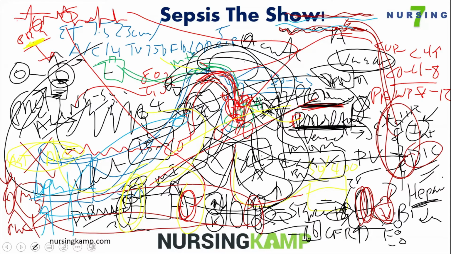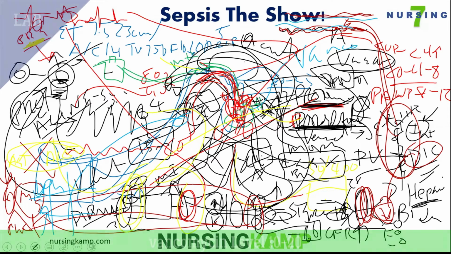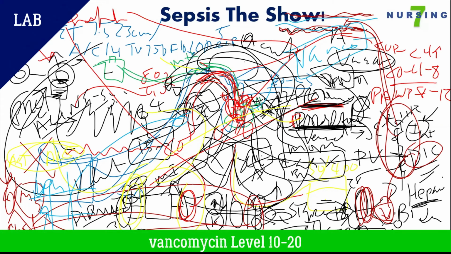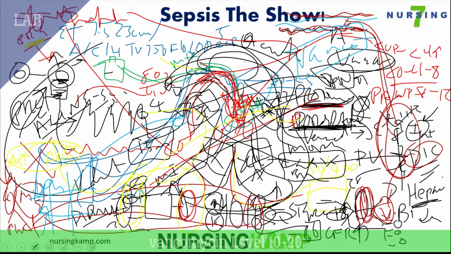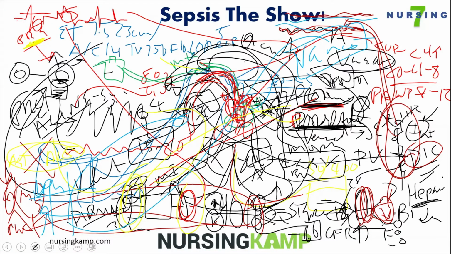All right, so what else are we missing? Antibiotics, right? That makes sense, because they're in sepsis, so we would need to have some sort of antibiotics. Well, where would I put them? I don't know. I would have to check compatibility. So maybe I put them on some heavy-duty Vanco, right? Well, that's a level medication, so I need to make sure I know the levels there. So we know it's 10 to 20, and I'll assess that level, and I'll have to check those liver enzymes again.